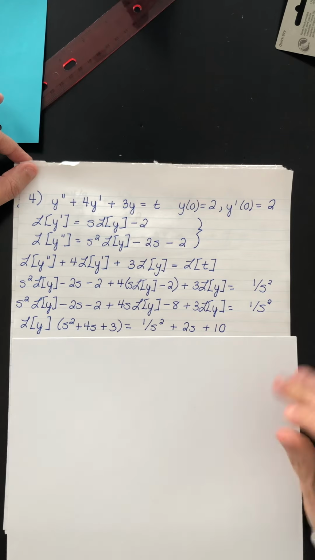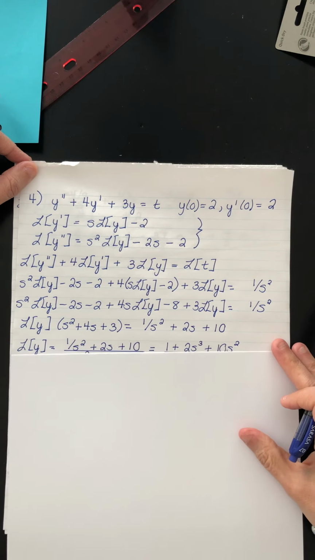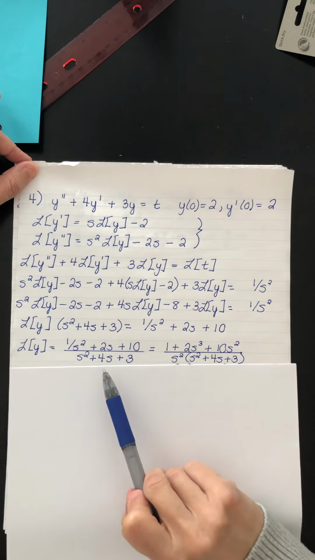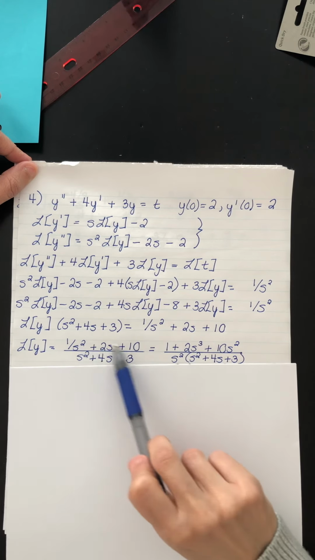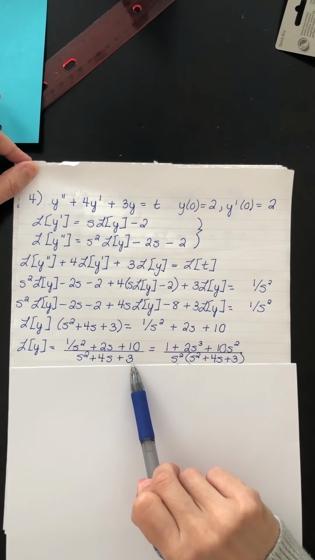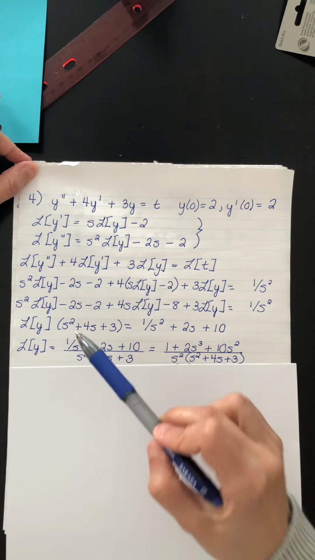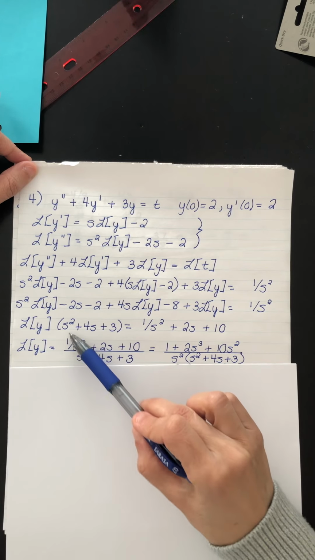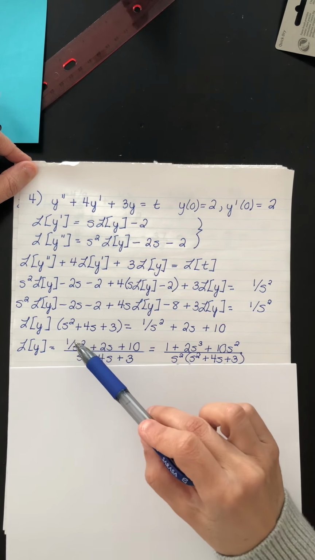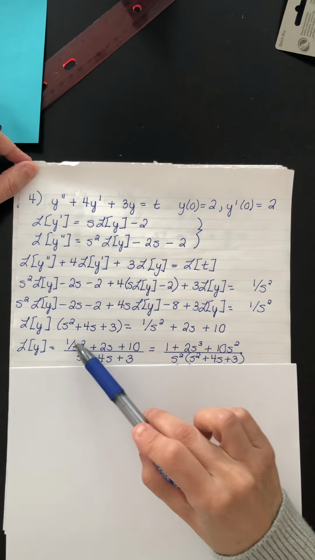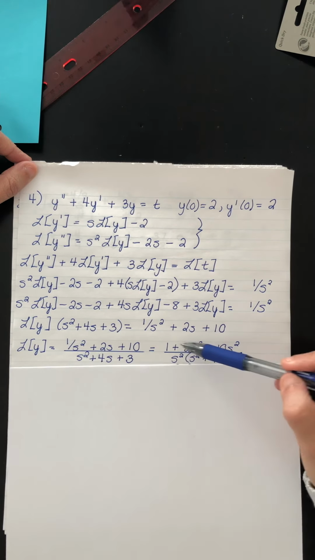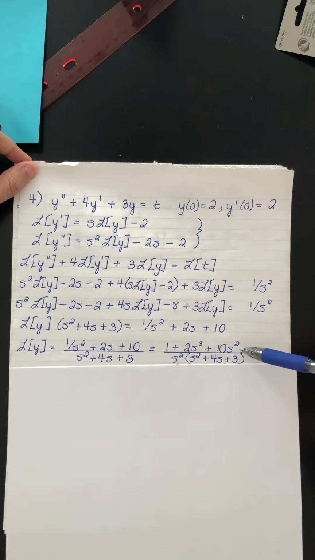Now, isolate L at y using division. So here's the numerator divided by the trinomial. Let's clear out the fraction in the numerator. So multiplication by s squared of all 3 terms in the numerator.